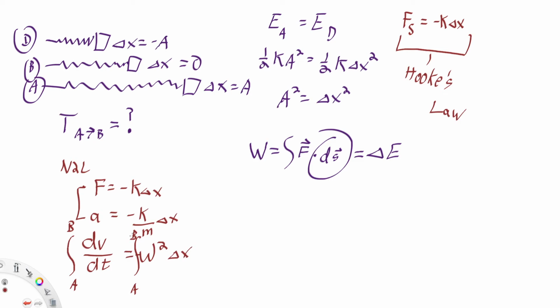So on the right-hand side, we have a distance, right? Pull the minus omega squared out front because that's a constant.